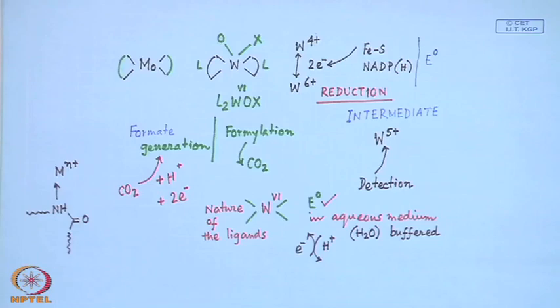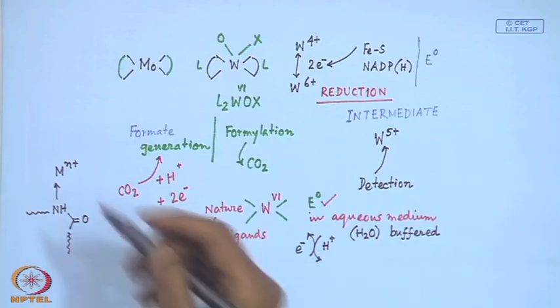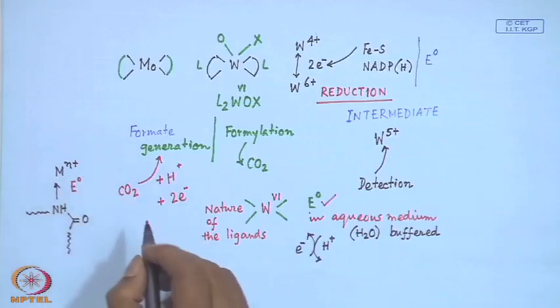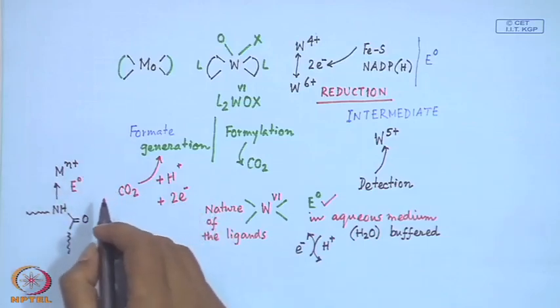So, in this particular assembly, that means the amide function is attached to the metal site. Whatever we get is that we can measure the corresponding E0 value for this corresponding oxidation reaction, say.